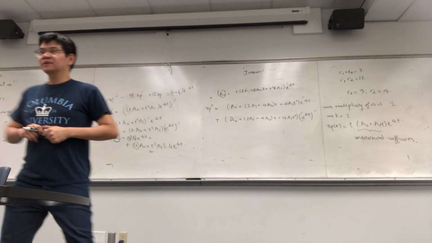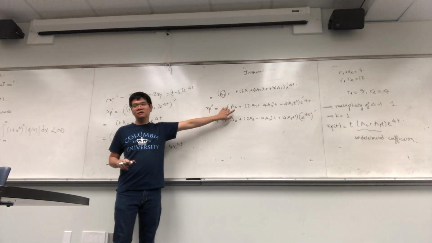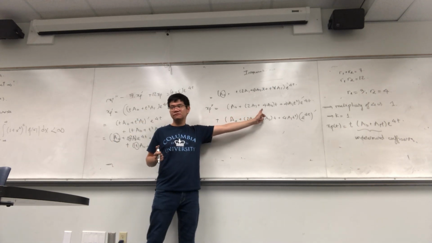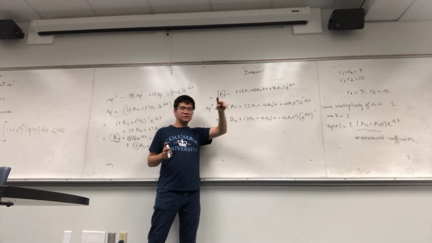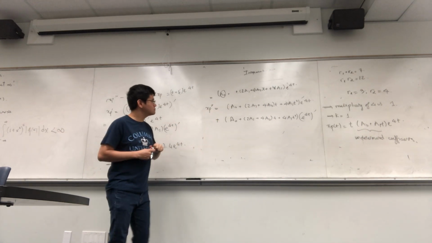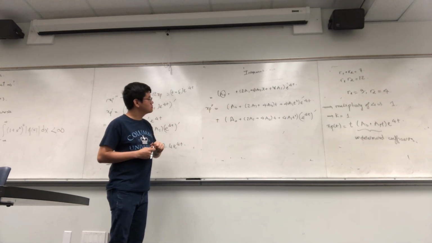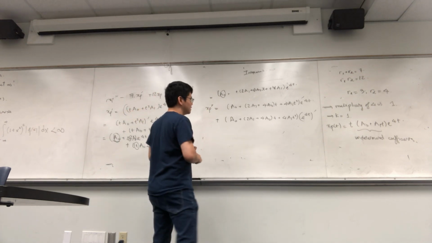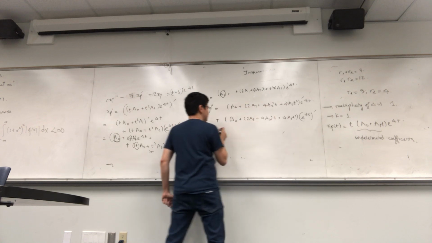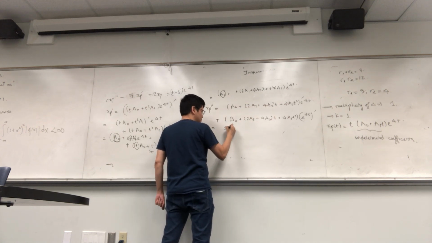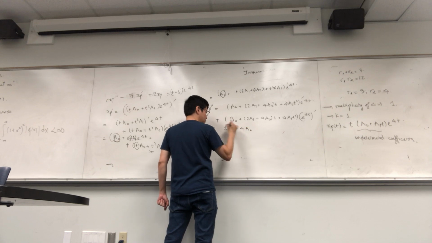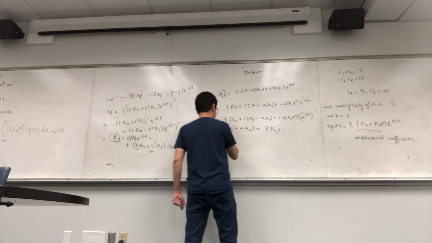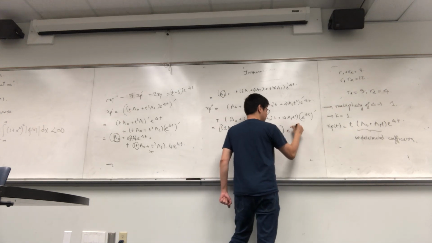What is the derivative of the first guy? You take the derivative of this guy and you get 2a1 plus 4a0, plus 8a1 t, times e to the 4t.